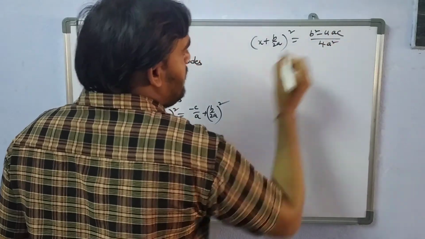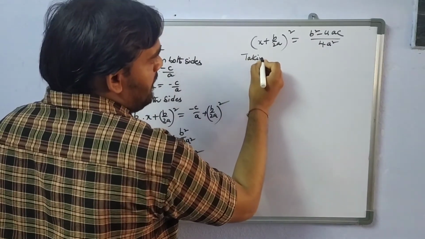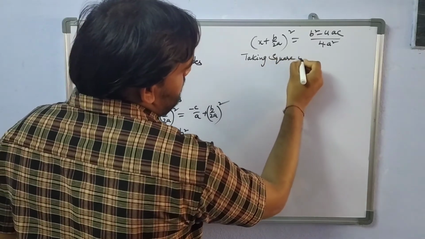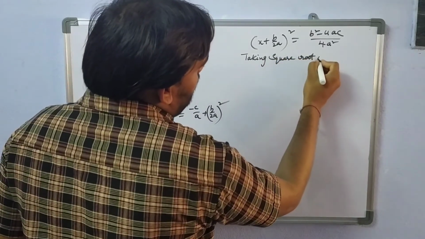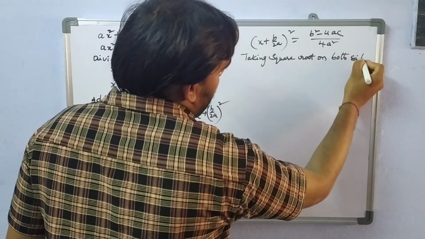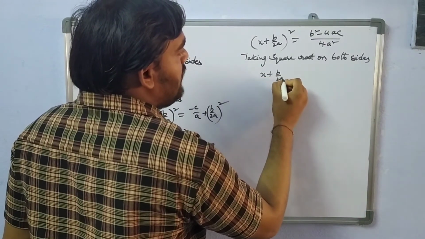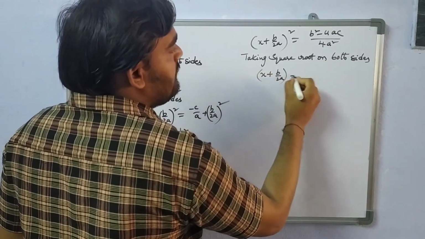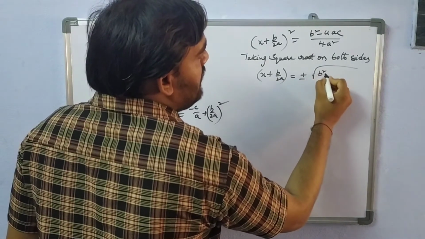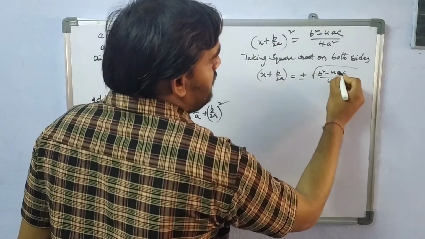Next, taking square root on both sides. At that time we will get x plus b by 2a is equal to plus or minus square root of b square minus 4ac by 4a square.